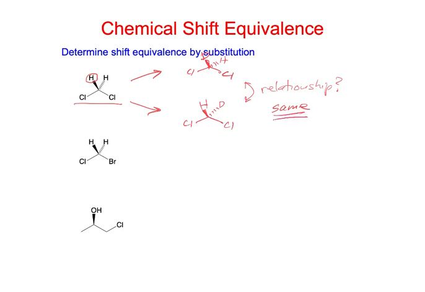Because we can just rotate it around that axis and superimpose it right on top of the other one. So that means that those two protons are called homotopic, okay? And that means that they are going to have the same chemical shift. They're equivalent, okay?